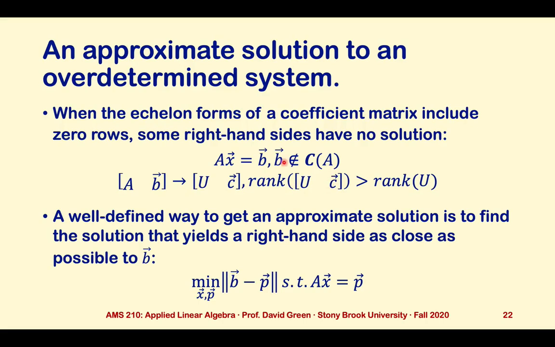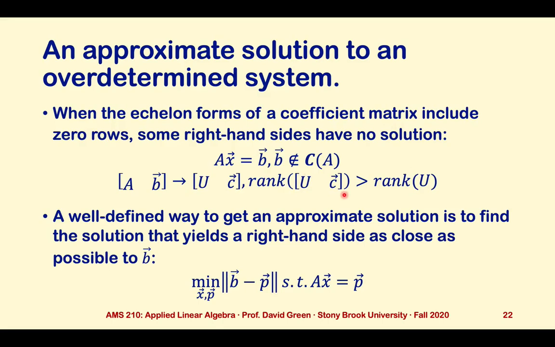Well, it's not a true pivot in the sense of the coefficient matrix. The rank of this matrix is greater than the rank of U. We have a non-zero entry in C where U purely had zeros.